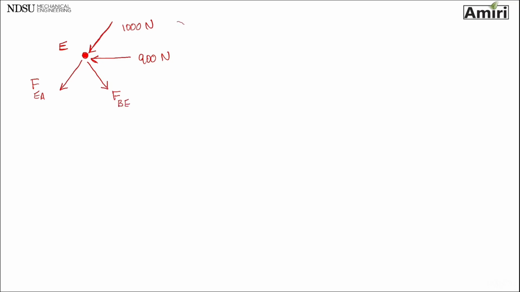So these two were known from the free body diagram of D and C that I already did. These two, EA and BE, were unknown that I am trying to find.